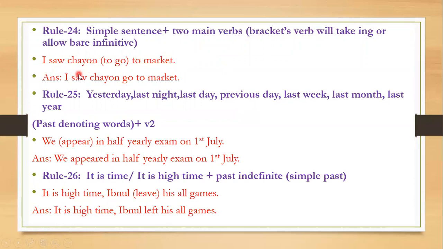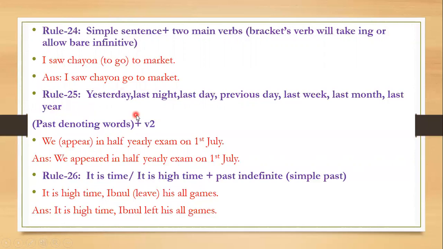I saw Choyon to go to market. So here is a simple sentence, but there are two main verbs, saw and go. In the second verb there is a bracket, but before the main verb there is to. That's why I have just removed the to: I saw Choyon go to market. The bare infinitive rule is used here.